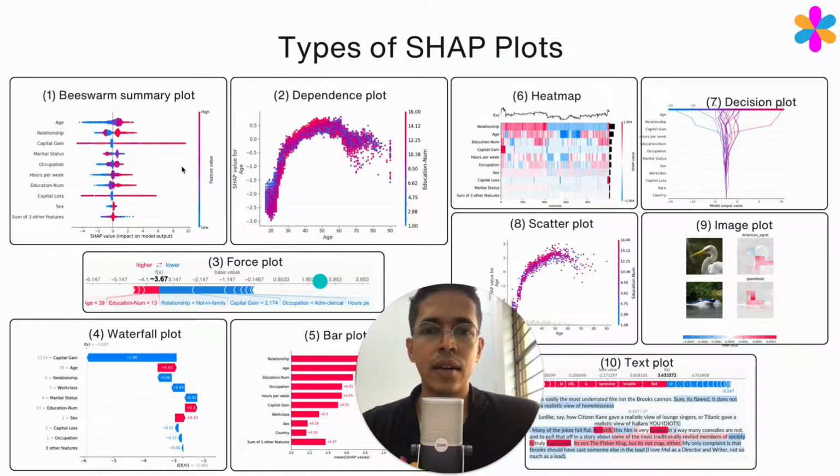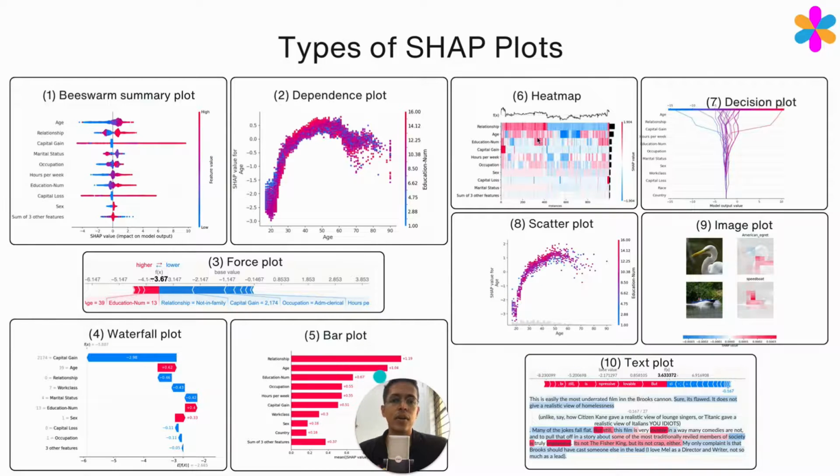Of course there are more plots and more nuances, but roughly we can identify 10 types: bee swarm summary plot, dependence plot, force plot, waterfall plot, then bar plot, heat map, decision plot, scatter plot, image, and text plot.